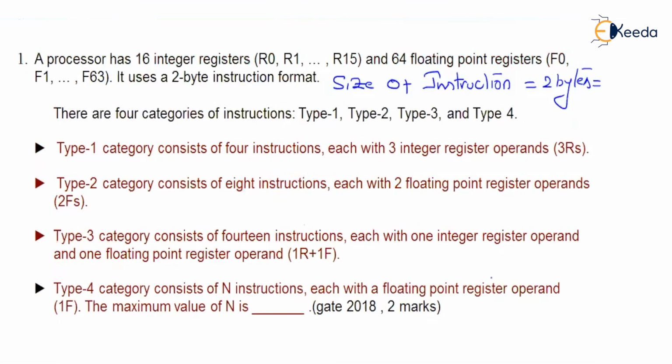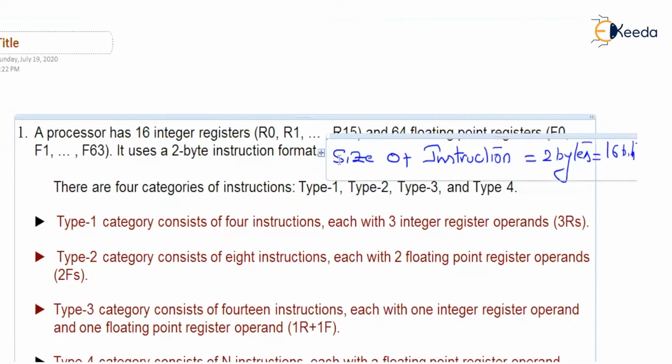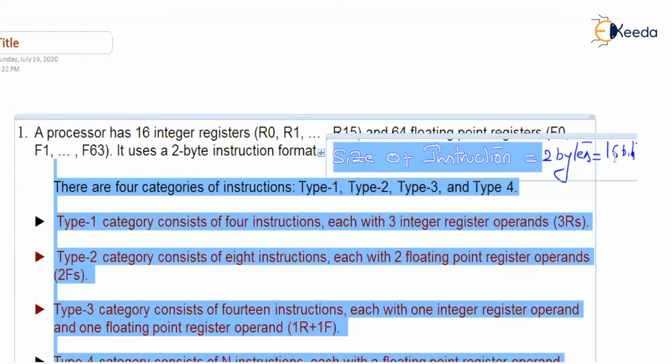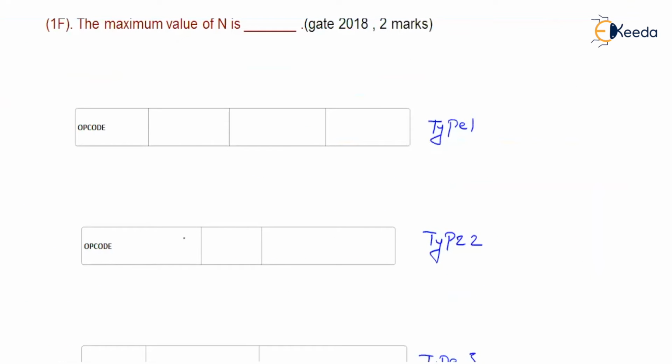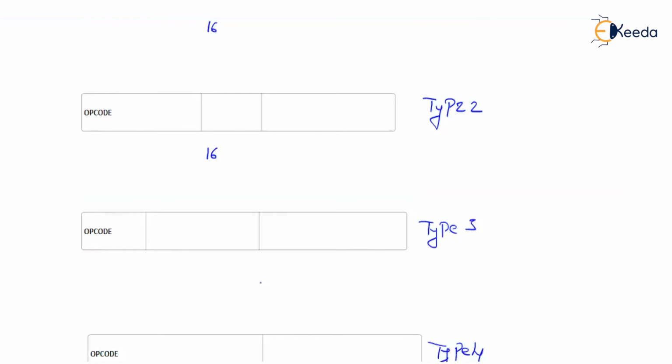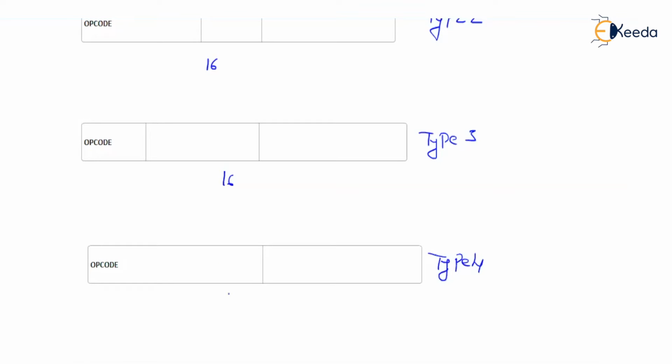What is the size of the instruction? The size of every instruction, as given in the question, is equal to 16 bits, for all four types.